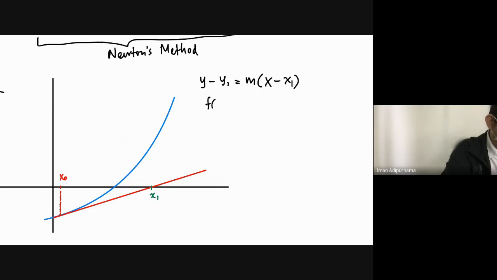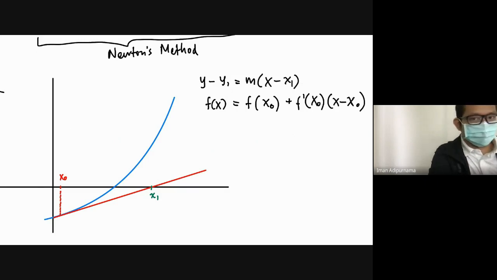From here, we can take f of x0 plus f prime of x0 times x minus x0. So for this x1 here, we got this.